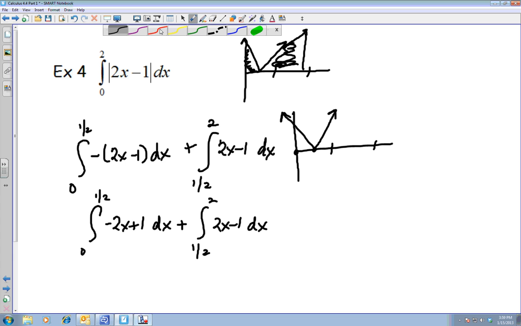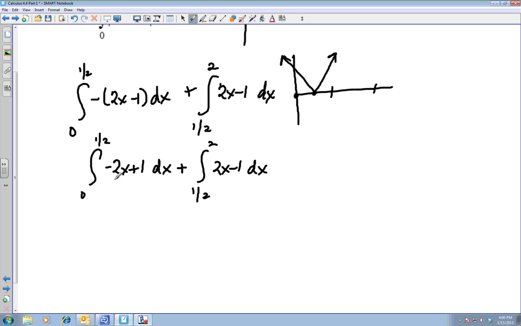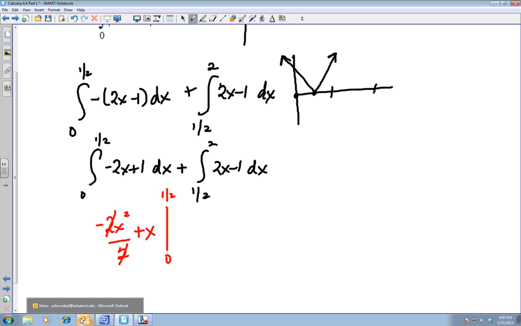I'm going to use a different color here. Okay, so let's find the antiderivative. Negative 2x squared over 2 plus x from 0 to 1/2. Do you see here that my 2's are going to cancel? So now I really just have negative x squared. So I'm going to plug in my numbers.